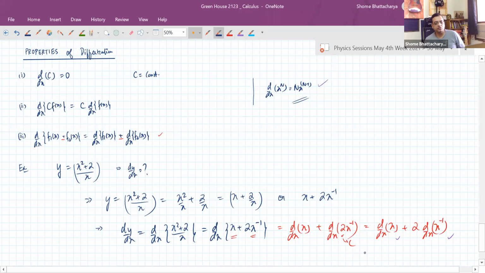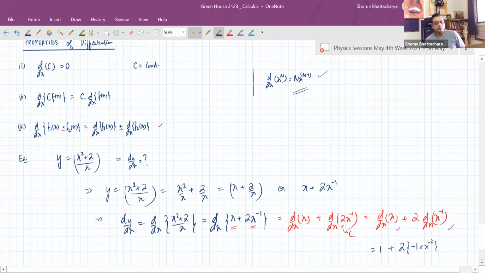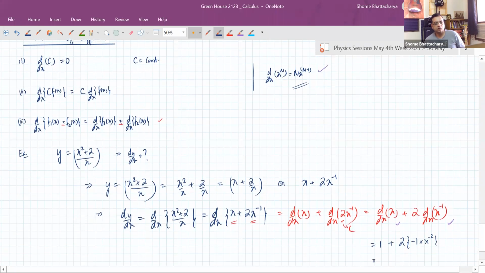So you know that differentiation of x becomes 1, but differentiation of x to the power minus 1 becomes minus 1 into x to the power minus 2. So finally this differentiation becomes 1 minus 2 by x square. This becomes the value of dy by dx. So just go over the three properties once more, make sure that you have internalized them.